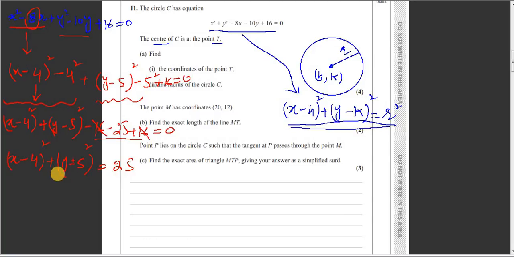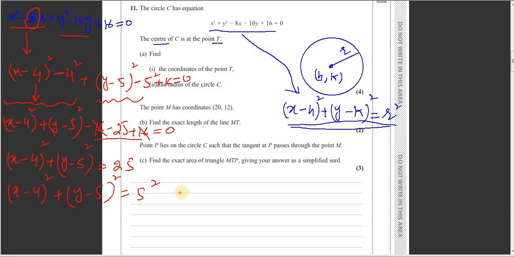And now you can rewrite as (x minus 4) whole square plus (y minus 5) whole square is equal to, this 25 can be written as 5 square.